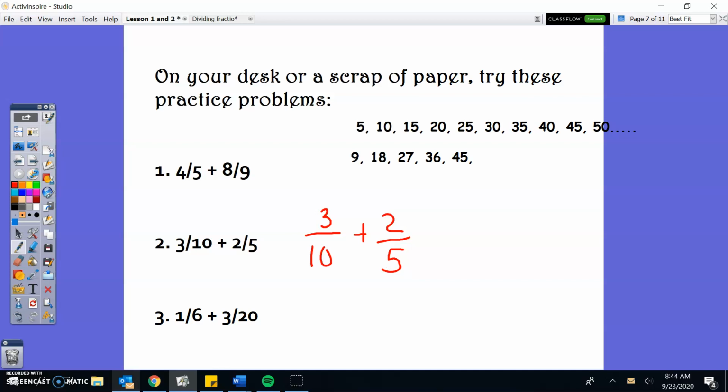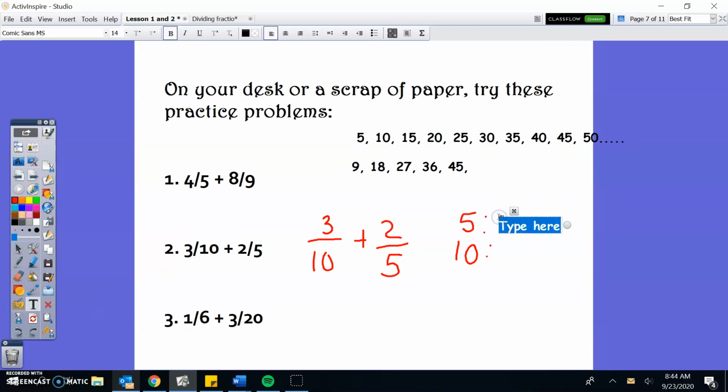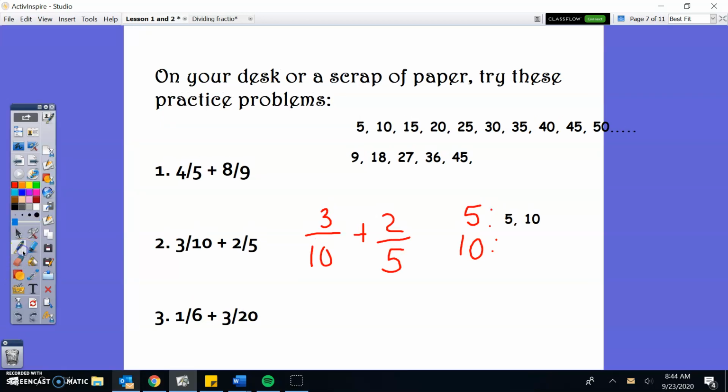But if you don't know what the answer is, or you don't know what the least common denominator is, I would make your list over here of 5 and 10. So I'm going to list my 5, 10. If you look at that, I already hit 10, which is already the denominator of my one fraction. So I can actually stop there and find 10 as my common denominator.